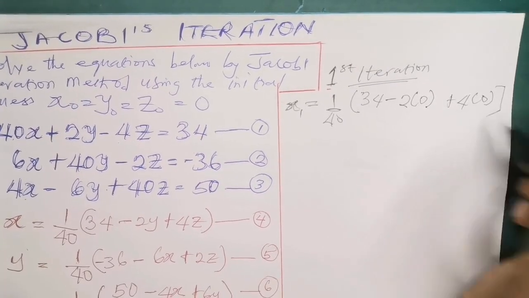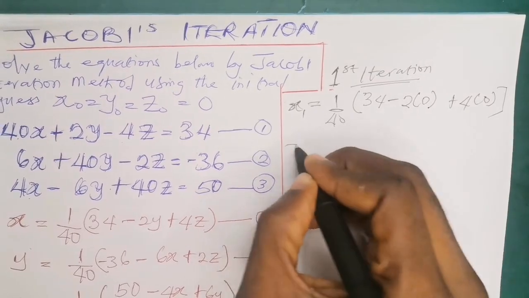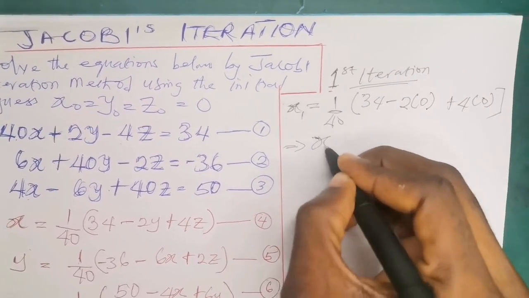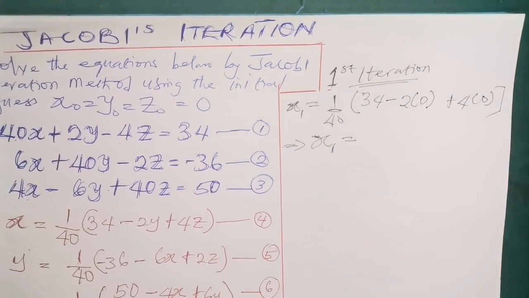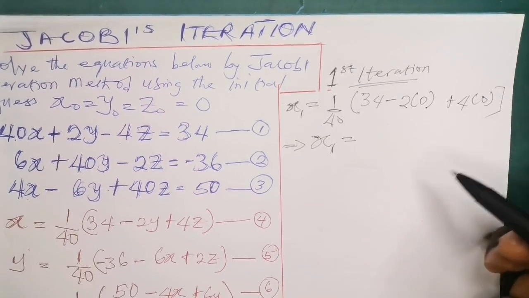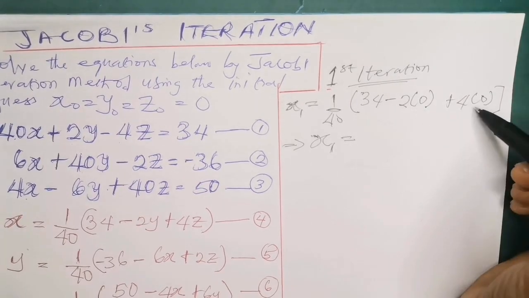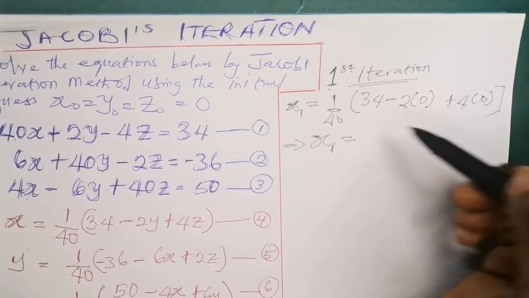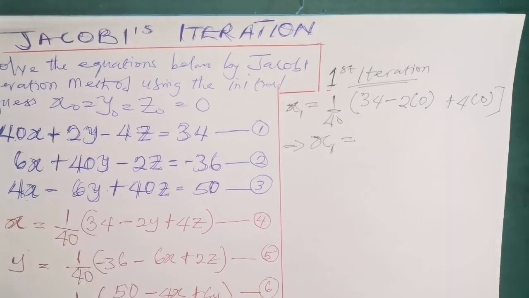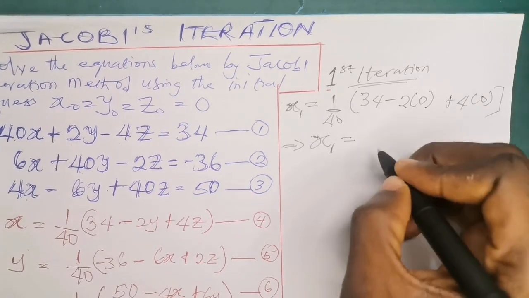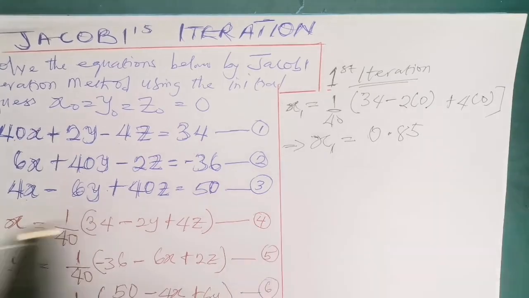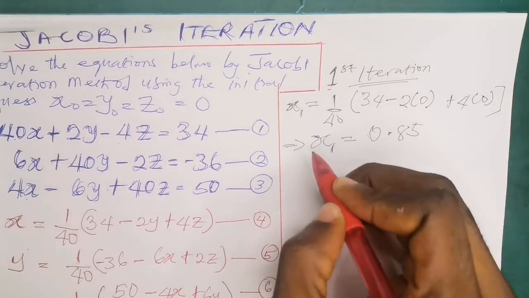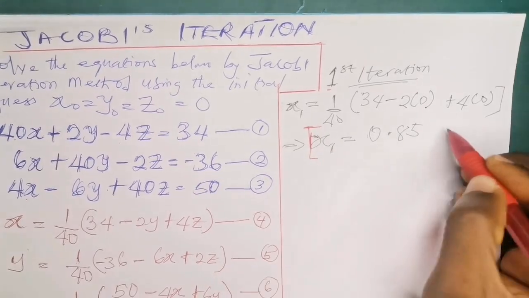So this implies that your first iteration value for x1 is going to be equal to, so I'm going to punch everything together just to save time. Do well to punch along with me. But keeping in mind, 2 times 0 is 0, 4 times 0 is also 0. So I simply have 34 divided by 40. Okay. So 34 divided by 40 simply gives us 0.85. So I have my first iteration value for x to be 0.85. So you keep this value aside.